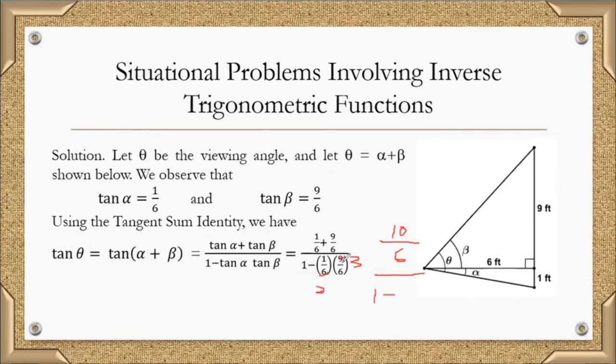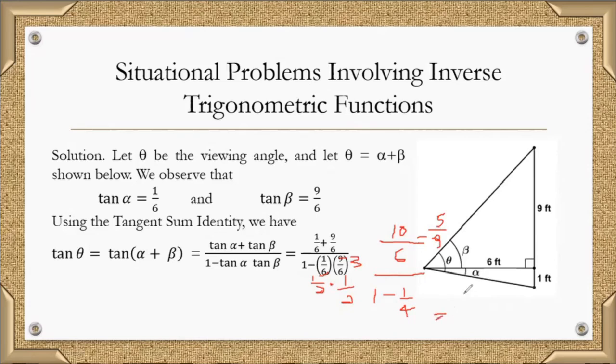Then, 3 over 6, pwede na siyang maging 1 half. At ito naman ay magiging 1 half pa rin. 3 over 6 is 1 half eh. So magiging 1 fourth times to 1 fourth. Ayan. Ito naman ay pwedeng by 2. Sabi, pwede na itong maging, ang lowest term nito ay 5 over 3. Then 1 minus 1 fourth, 3 fourth na yun, no?